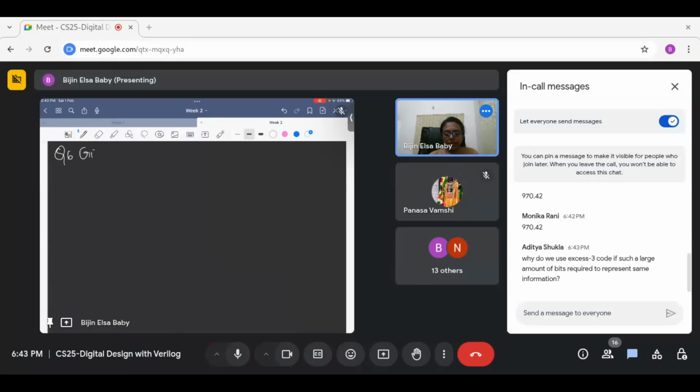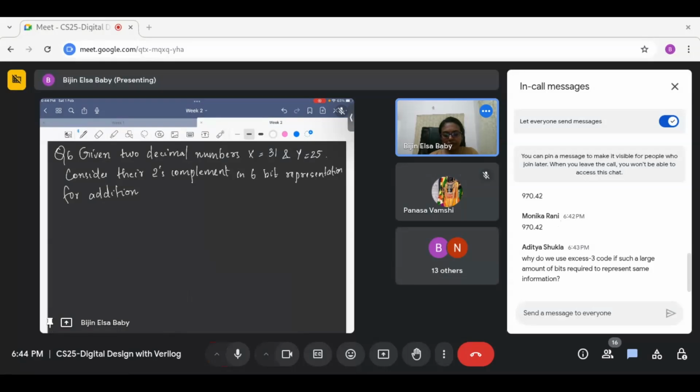Next question is: given two decimal numbers x equal to 31 and y equal to 25.